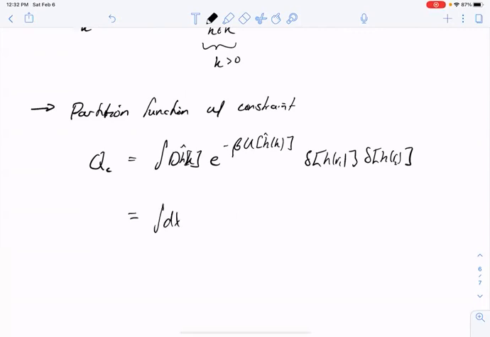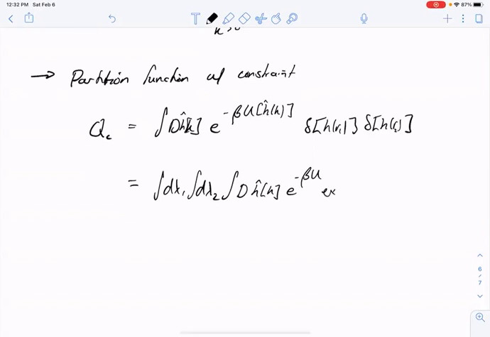Introducing the Fourier representation of those constraints, we have integrals over lambda 1 and lambda 2, integral over our height field, and now the Fourier representation of those constraints gives me a minus i, a sum over the two binding sites, labeled 1 and 2, their corresponding Fourier conjugate variable for the constraints.